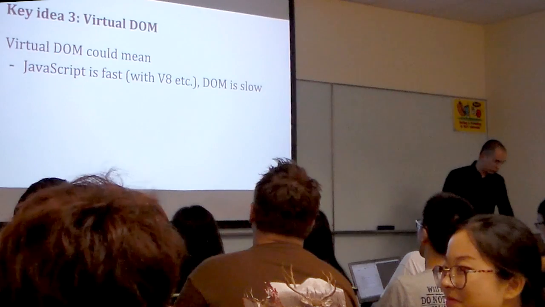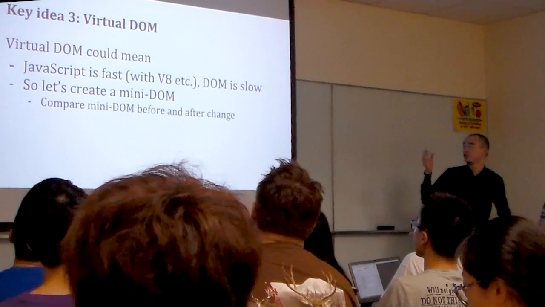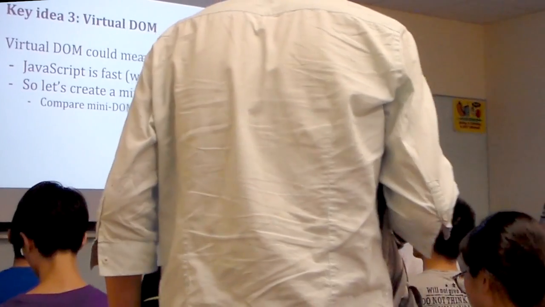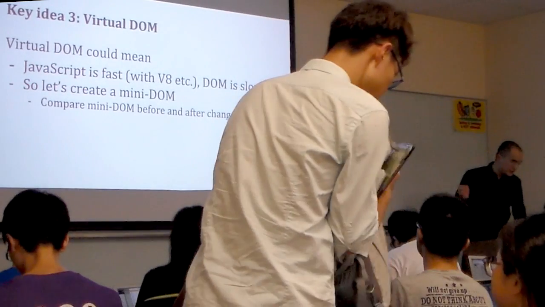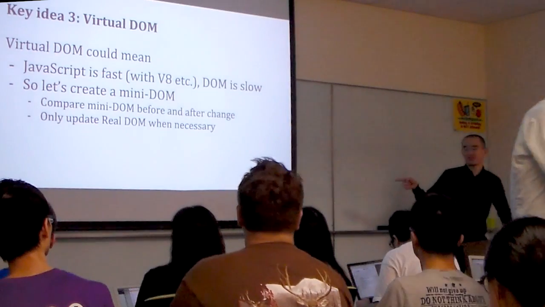And the DOM tree, the thing that actually you see, is very slow. So let's create a mini DOM inside JavaScript, and every time something changes, we only compare this mini DOM before and after change, so we know what actually needed to be changed. Then we update the real DOM only when necessary.